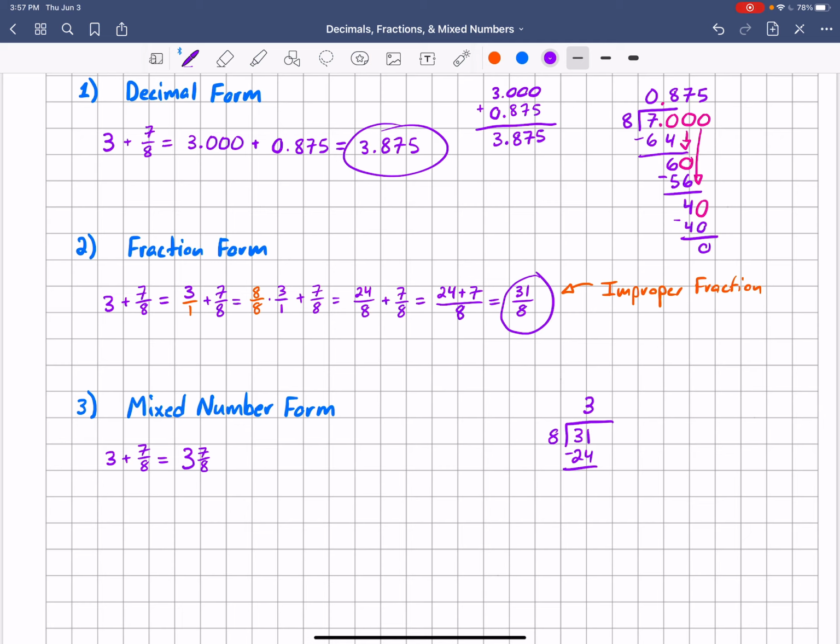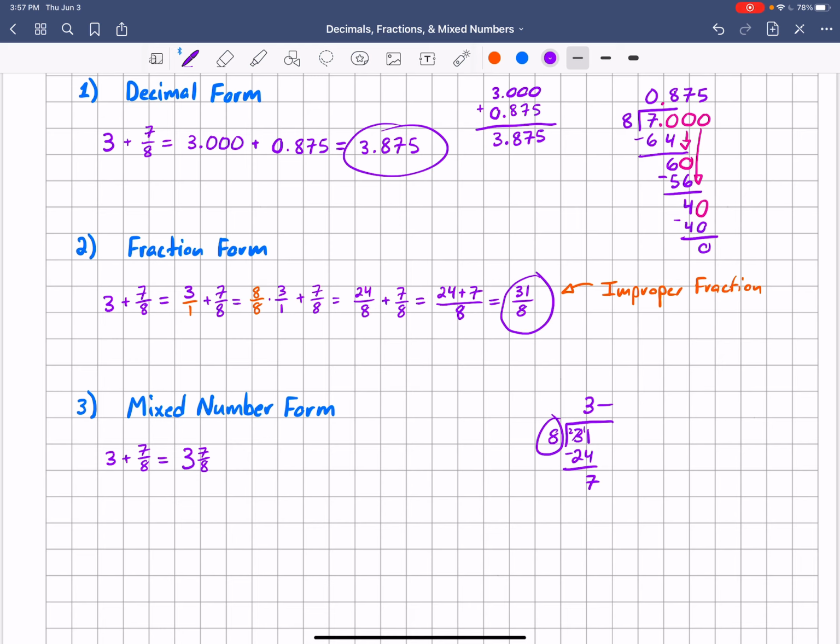Now, 31 minus 24, we have to borrow from this 3, turn it into a 2. We have to add 10 to the 1, so it becomes 11. And 11 minus 4 is 7. So if we were to continue to divide now, we would have to add a decimal. So let's stop. Now, all we have to do to finish converting this fraction into a mixed number is right next to our whole number answer, we're going to put a division bar or a fraction bar.